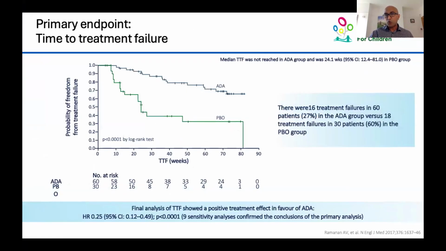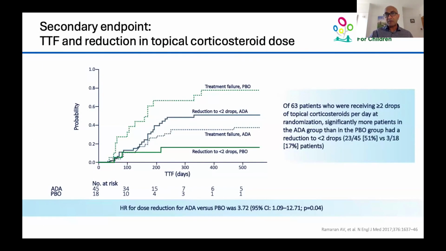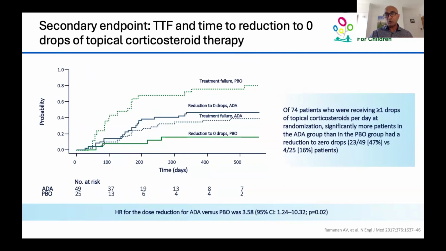People have shown that not only did we show it was incredibly efficacious, but as was pointed out by Megan, we were able to reduce the drops significantly to less than 2 drops in those on adalimumab. And of course, the holy grail in uveitis is no cell, no drop. And that is also much more possible in the patients who went on adalimumab.